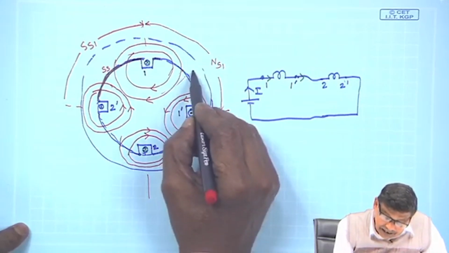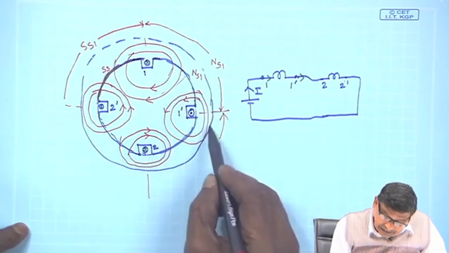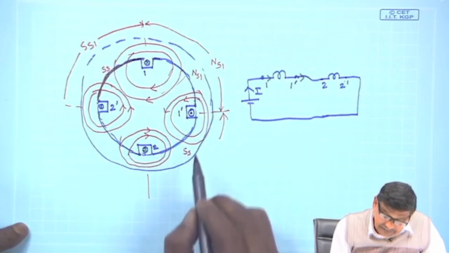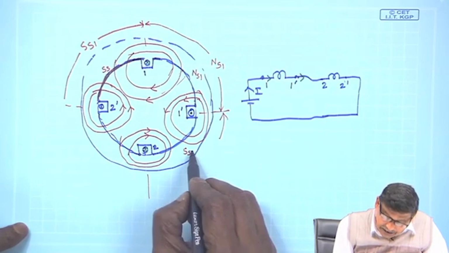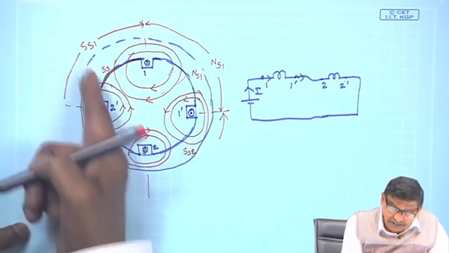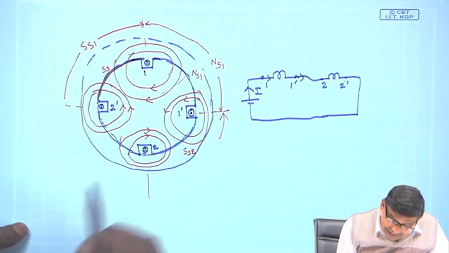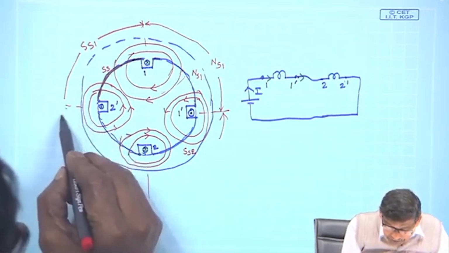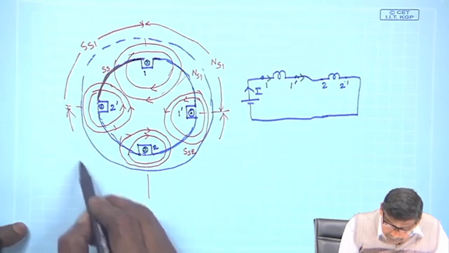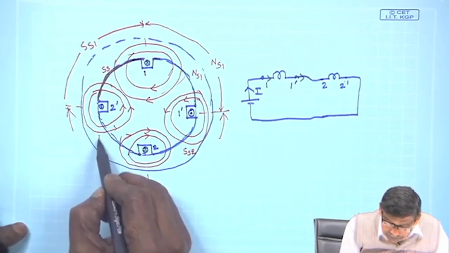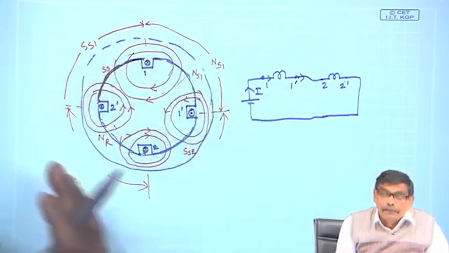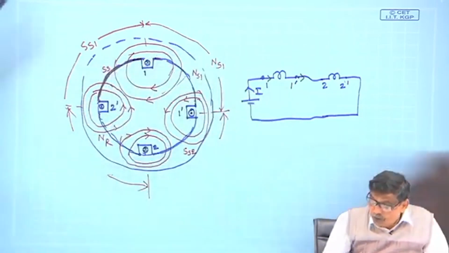So, there will be NS1 here, and this quarter it will be once again SS, and let me call it SS2, second south pole of the machine, and here once again lines of forces are coming out. So, this quarter will become a north pole. Therefore, I have now been able to produce 4 poles.